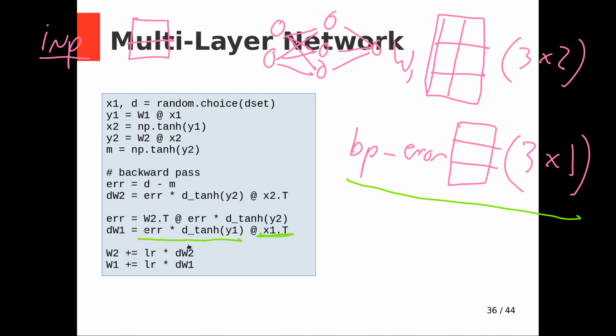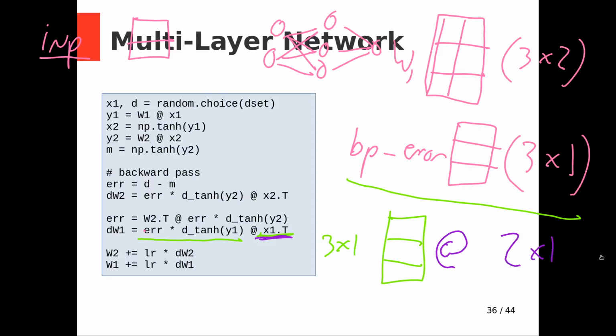So the error term times the input term is going to be a 3 by 1 times a 2 by 1, right?